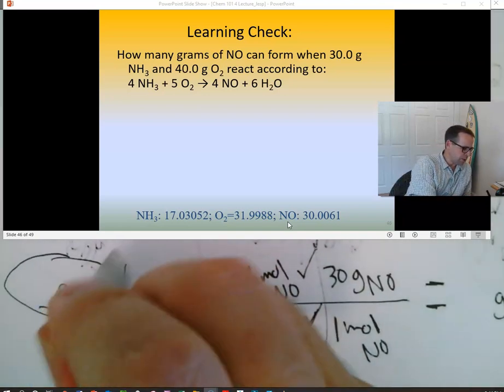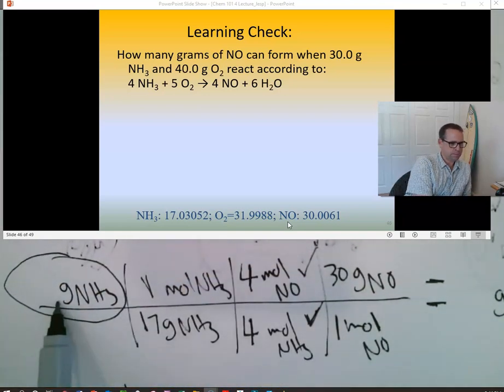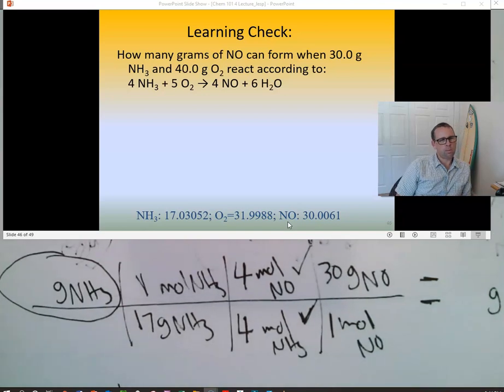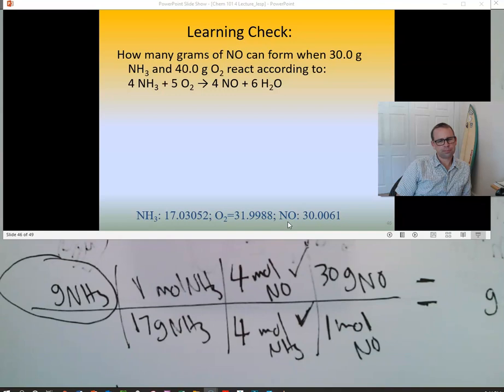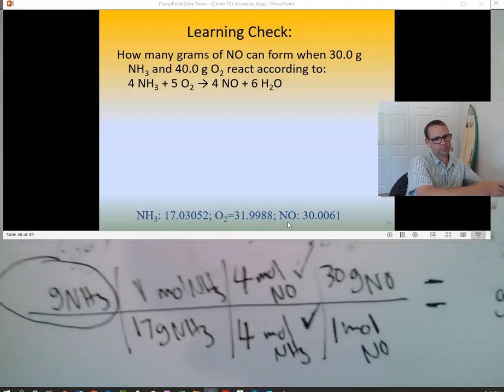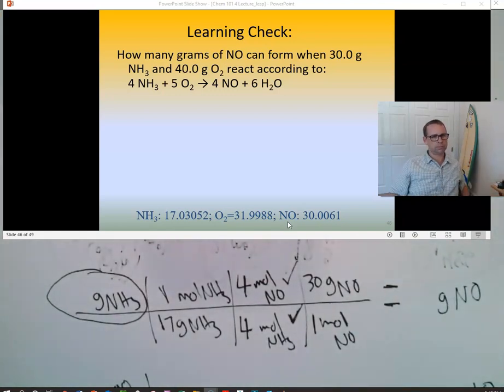All right, now what number goes here? Let's see. So that's in grams. For NH3, it says 17. Oh, that's how many grams there are per mole. But for this one here, I'm trying to figure out how many grams of NO I can get by putting in... Well, I'm sorry.